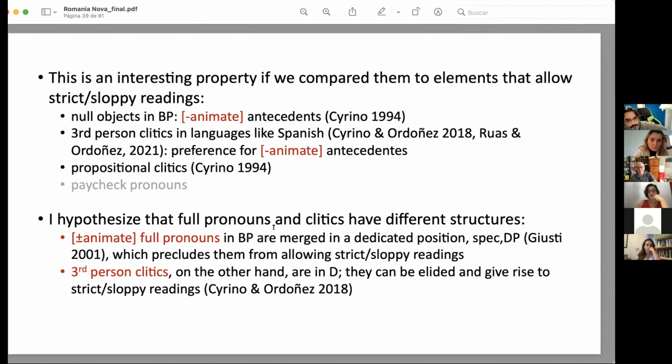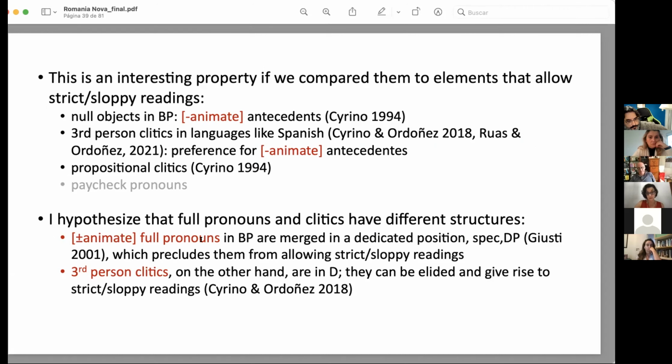So this is an interesting property if we compare them to elements that allow strict and sloppy readings, as we have seen before: null objects, third-person clitics, propositional clitics, paycheck pronouns. So I hypothesize that full pronouns and clitics have different structures.